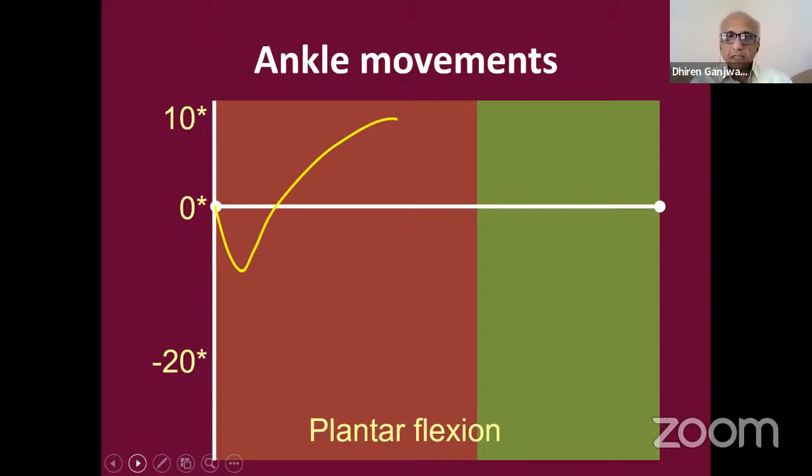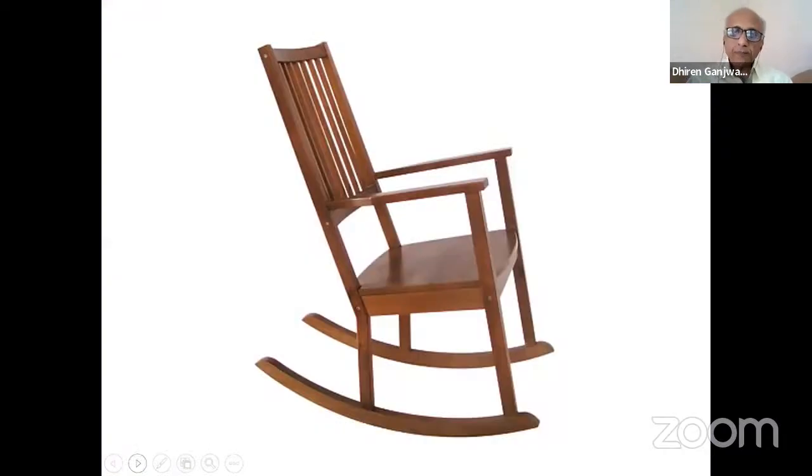After that, there is a sudden plantar flexion, which is greater in magnitude, in the third part of the stance phase, followed again by a dorsiflexion, and then the ankle joint is in a neutral position. This mimics a rocking chair, which moves from front to back, front to back.